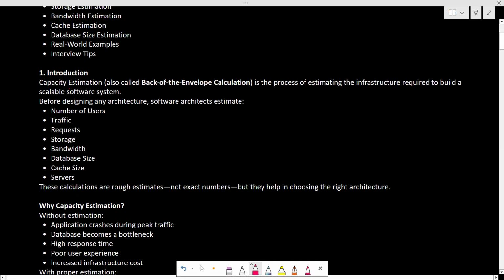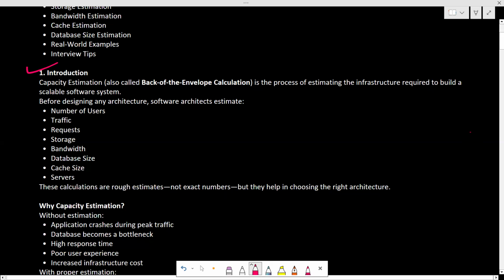So, what is capacity estimation actually? Capacity estimation is also called the back of the envelope calculation, right? That is the process of estimating the infrastructure required to build a scalable software system. So instead of immediately thinking about servers or databases, architects first ask questions like how many users will use the application, how many requests will the system receive every second, how much storage will be needed, how much bandwidth will be consumed, how large should the cache be, meaning the cache size.